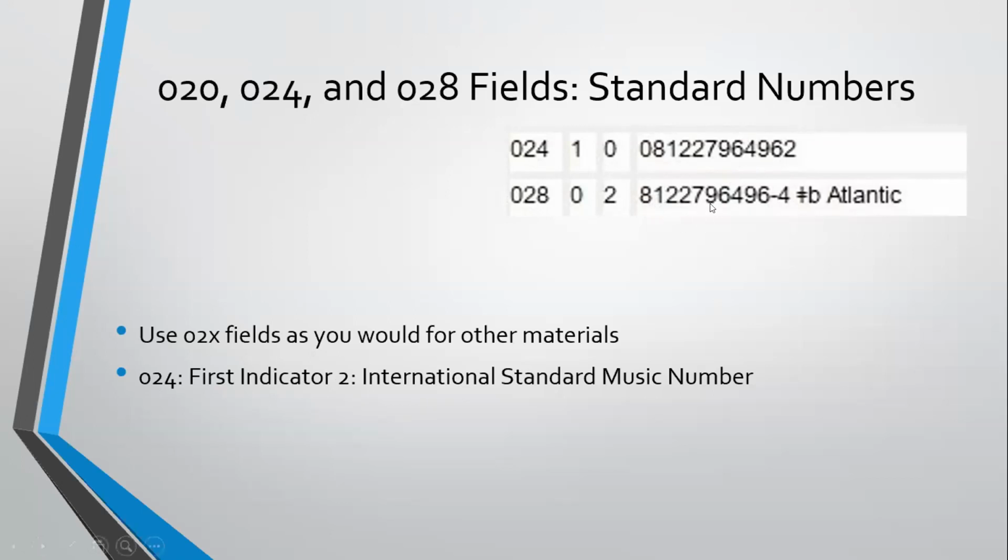This is going to be a publisher number here, also known as an issue number, and you'll include a subfield B for that publisher for the name. You can also include a subfield Q like you do for other identifiers. This might be set or disc 1, disc 2.